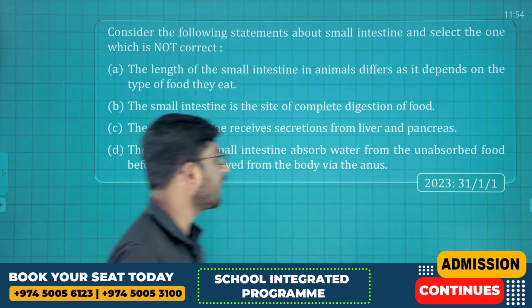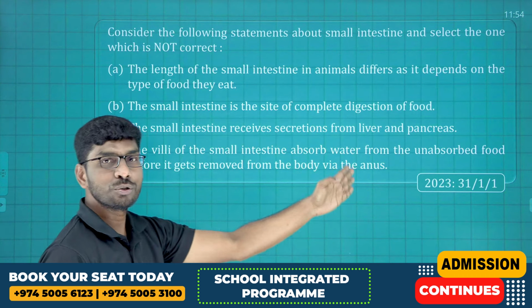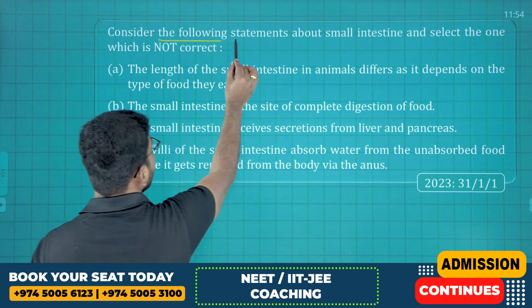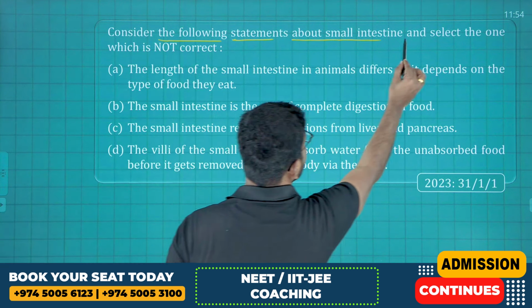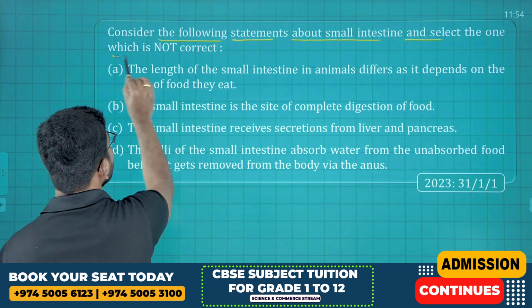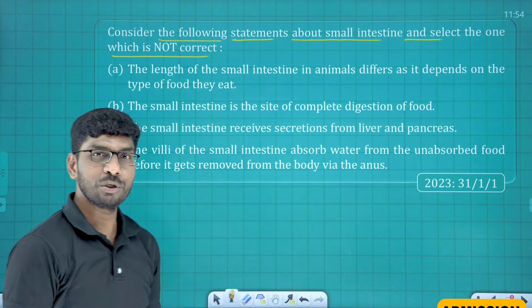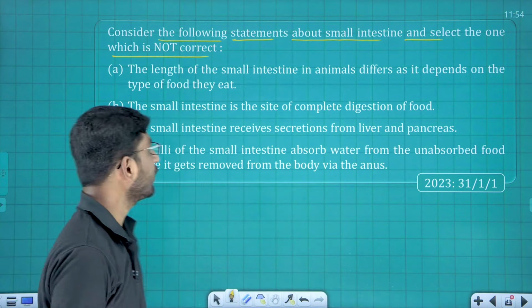Next question. Look at the next question. 2023 question. Consider the following statements about the small intestine and select the one which is not correct. Which one is incorrect? Okay.